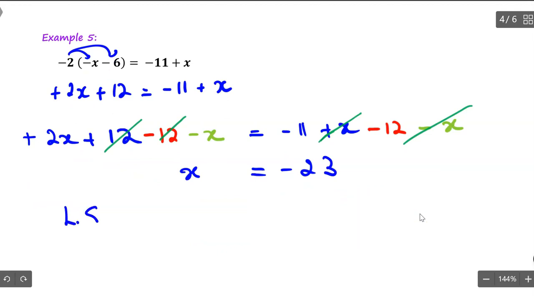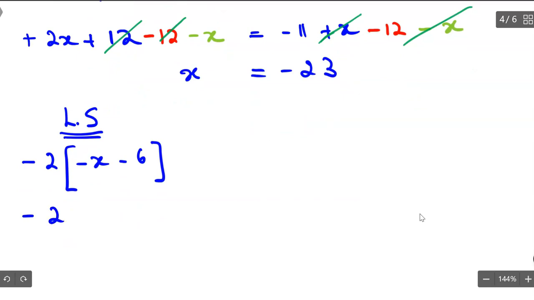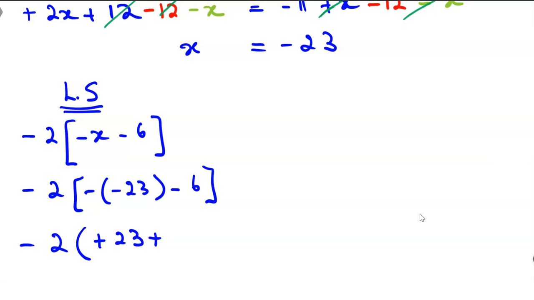So now the left-hand side is equal to negative 2, and I multiply that with negative x minus 6. So it means that I will have negative 23 minus 6. Okay, so a lot of negative math here that we need to be mindful of. So I should have positive 23 plus subtract 6.